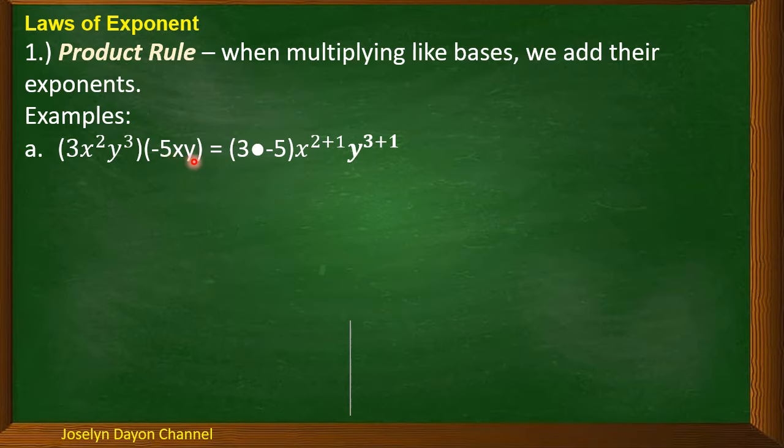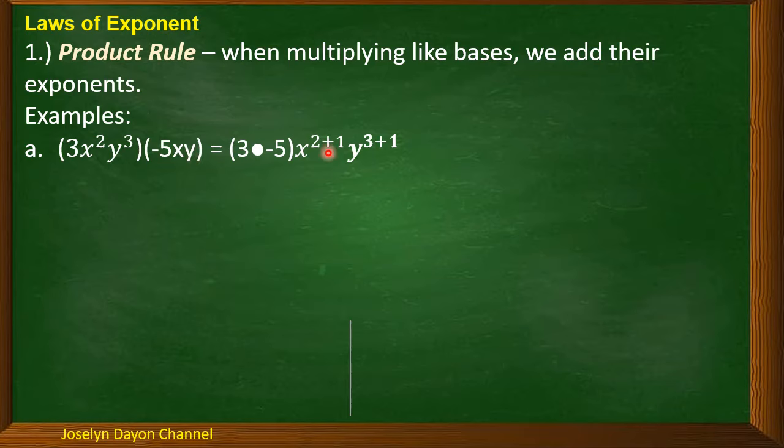So here we have to multiply first the numerical coefficients. Here we have 3 and negative 5. Then the variable x, we have to copy. Here we have 2 as our exponent, and on the other hand, we have here 1.